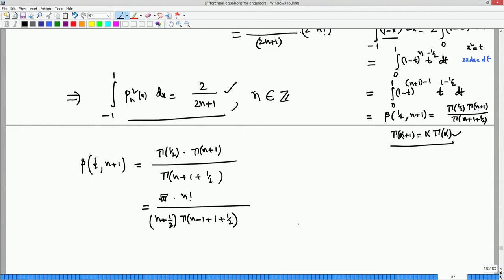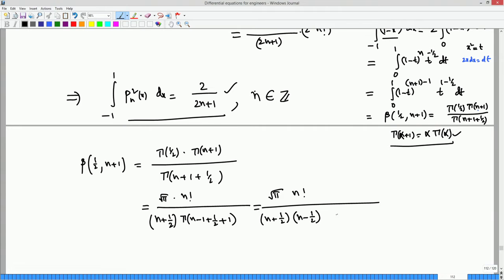So, it is n minus 1 plus half plus 1. I just added and subtracted 1. So, n plus half plus 1 gives n plus half into gamma n plus half. Again you can rewrite: root pi into n factorial divided by n plus half times, again, n minus 1 plus half, that is n minus half.